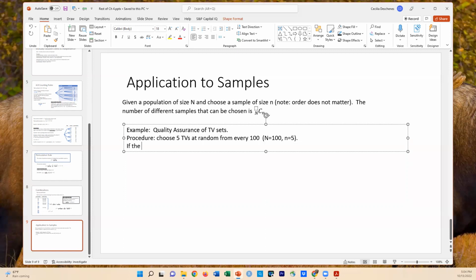If the truth, if we actually looked at all 100, we'd determine that 6 are defective.